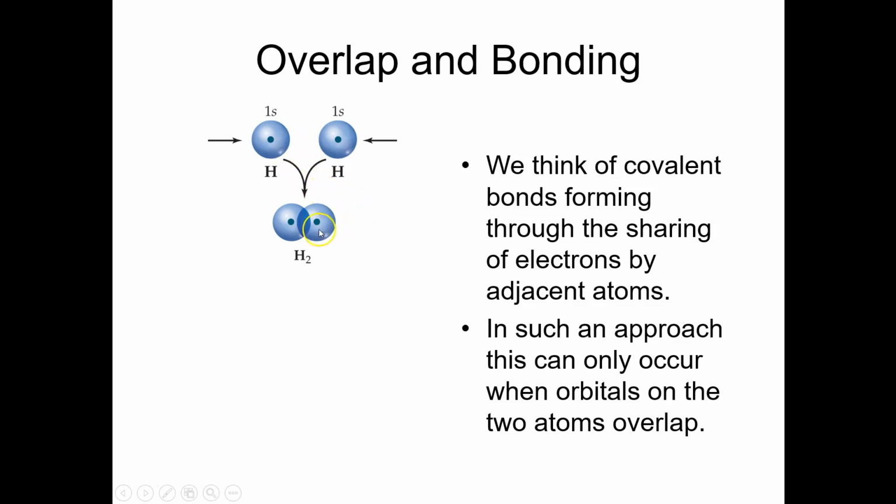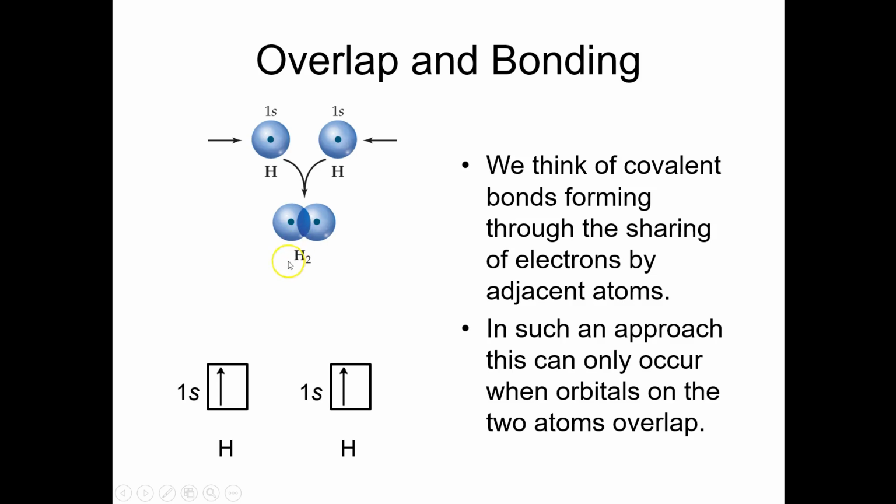So for example, if I'm going to make an H2 molecule, that really requires me to have the 1s orbital of one hydrogen atom overlapping with the 1s orbital of the other hydrogen atom. That creates an overlapping space in between in which two electrons can be shared.